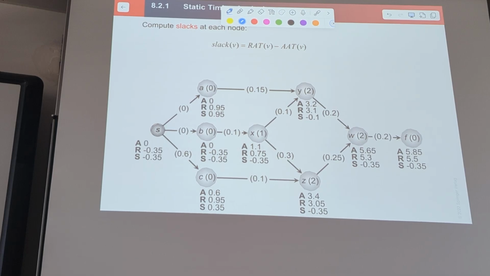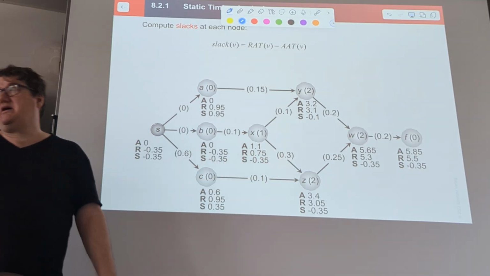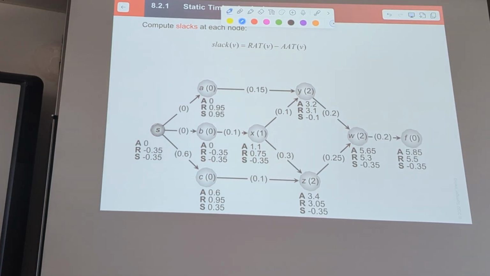This method for static timing analysis makes no assumption about the function of the circuitry. It doesn't matter. You take the netlist, you don't need to know what it actually does. You just see the structure. You don't need to figure out what is the value of nodes. So is there a 1 or a 0? You don't care. The only thing you do is caring that when there is a transition at the input, how does this travel through the gates.